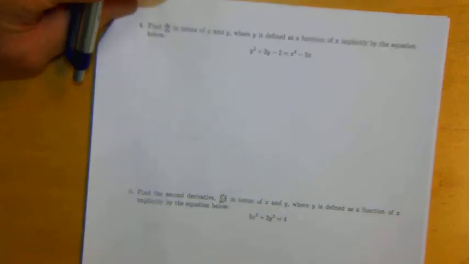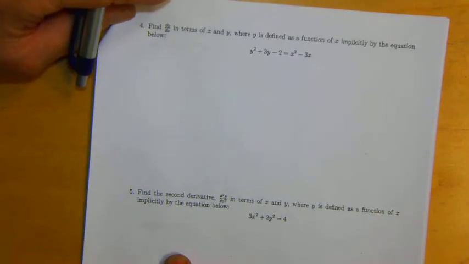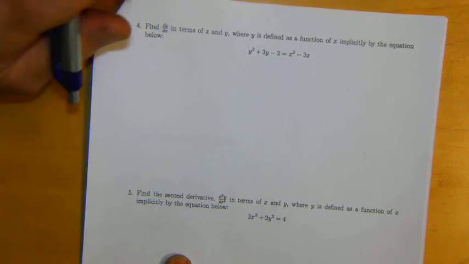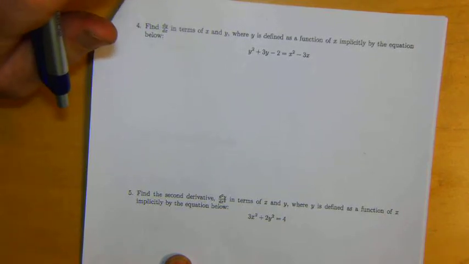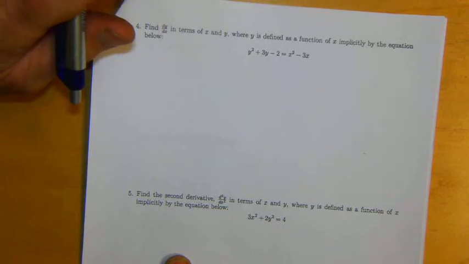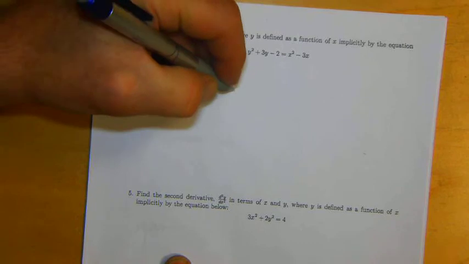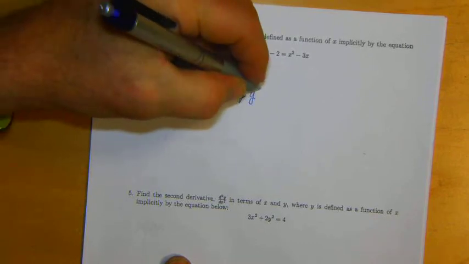Scroll down so you can see. All right. Let's take the dy dx in terms of x and y by doing the derivative implicitly. Now think of y as a function of x. We just don't know what it is. If I differentiate across the board, I get 2y prime.